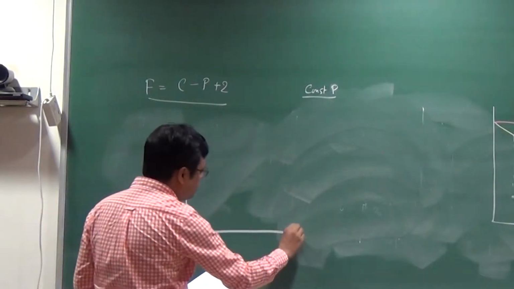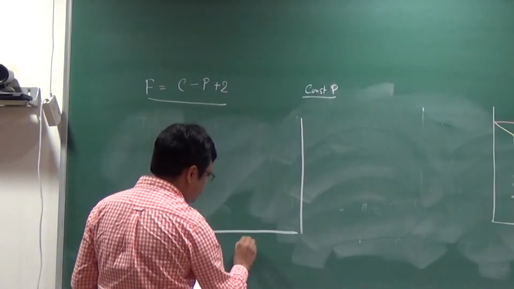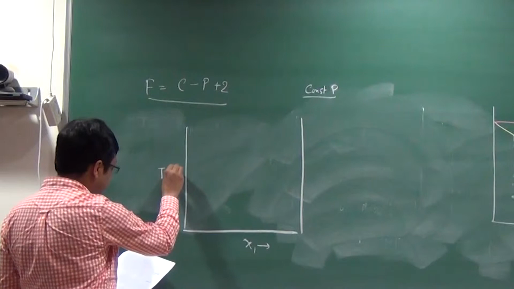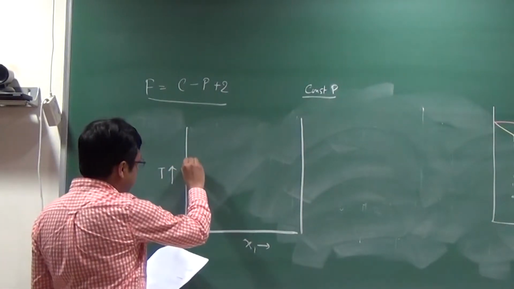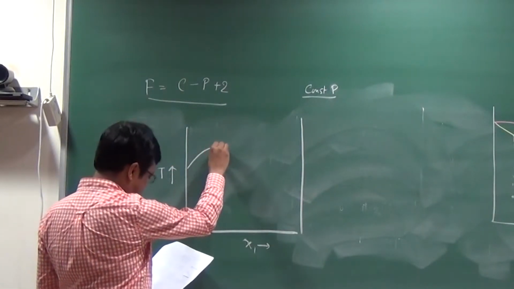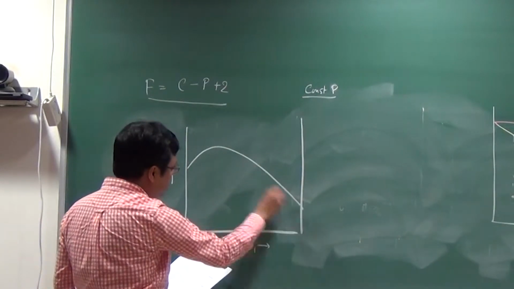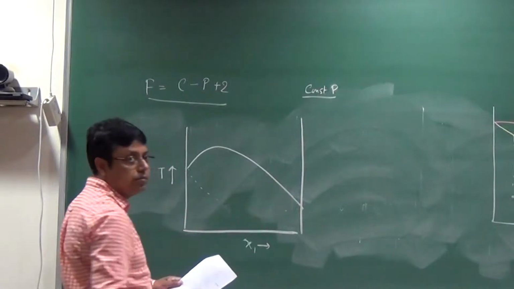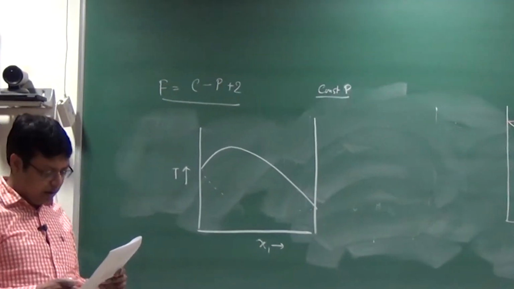Again, it's the same curve, temperature versus mole fraction. Now in the ideal case, it is a similar curve. Ideal case, I should have something like this, right? Now think about it.